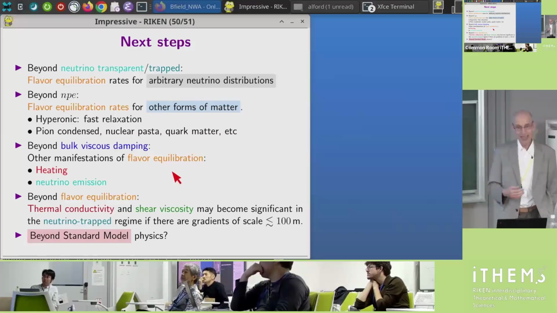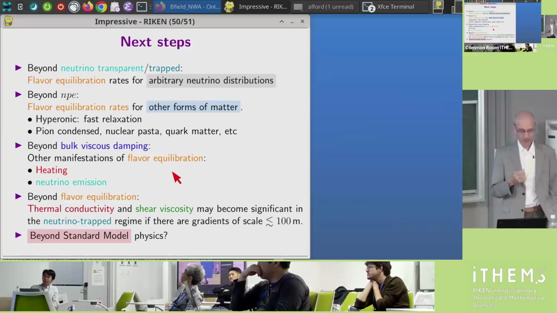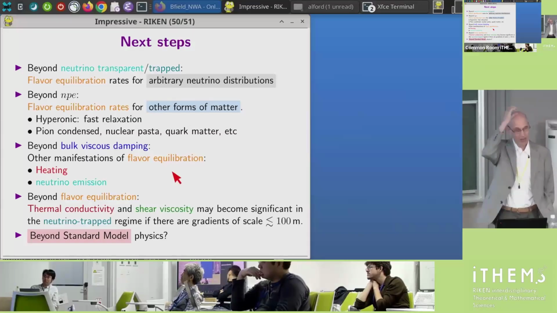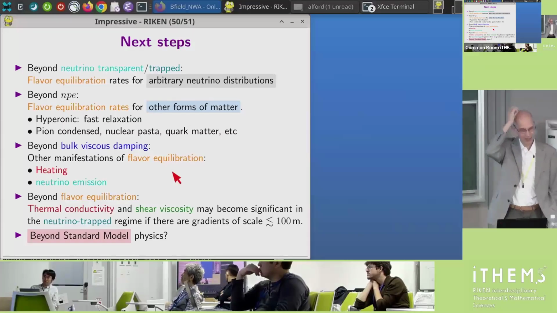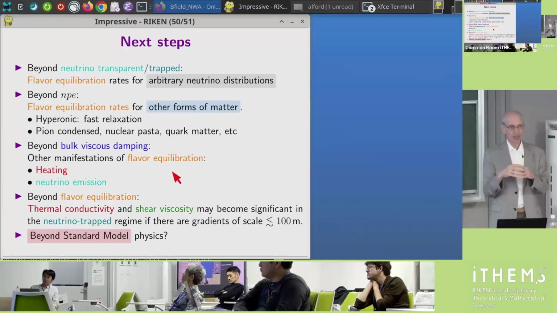It is true, though, as you said, that in the first milliseconds, it's clearly beyond linear response. And then you'd be calculating what's called the suprathermal bulk viscosity, where you take into account the fact that you've pushed the system far out of equilibrium. Luckily, in the case of flavor, it's just one parameter that's out of equilibrium. It's one chemical potential, because everything except the neutrinos is thermally equilibrated.